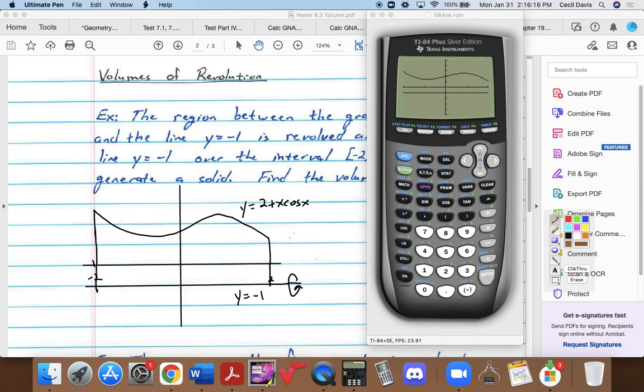If I took this piece of index card and spin it around, it's going to sweep out a 3-dimensional region, right? The difference is that the index card is straight across the top. This is curved across the top, okay?